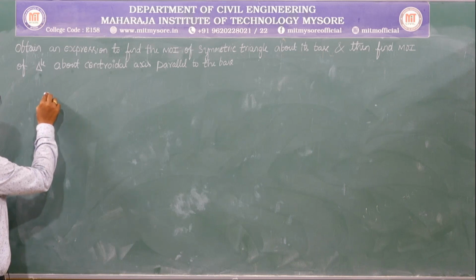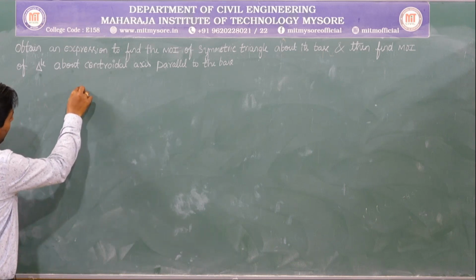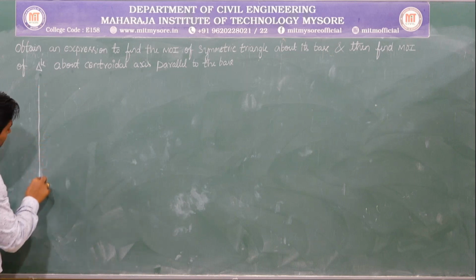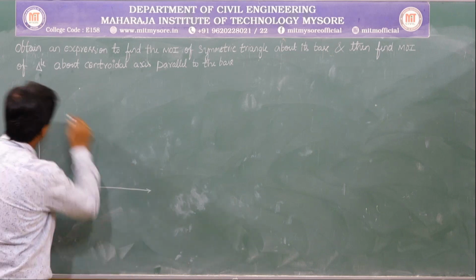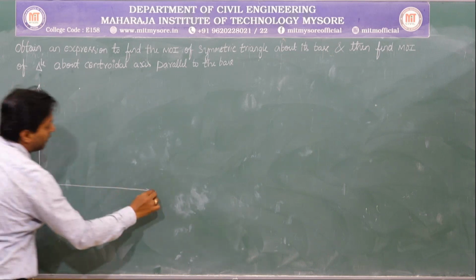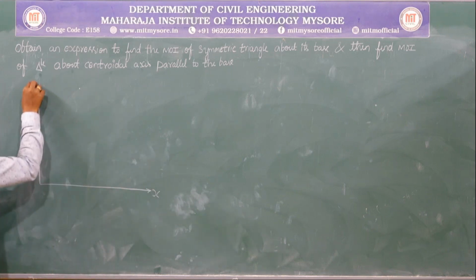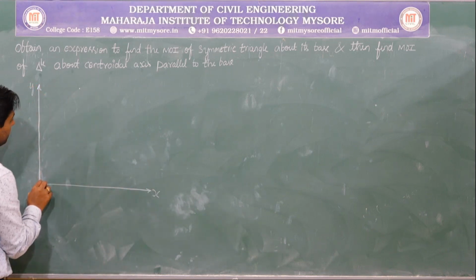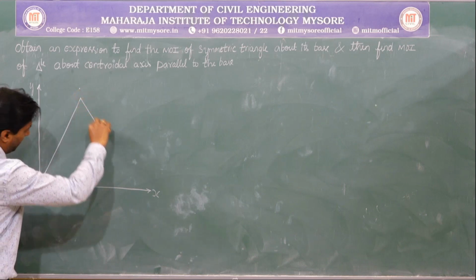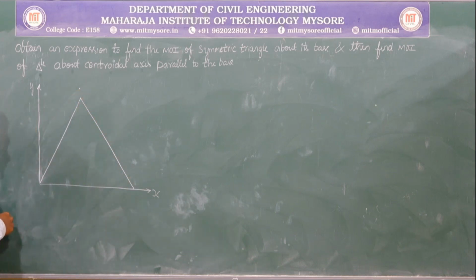For that, I will be considering a symmetric triangle. Let me call this as X, let me call this as Y. In that I will be considering a symmetric triangle.